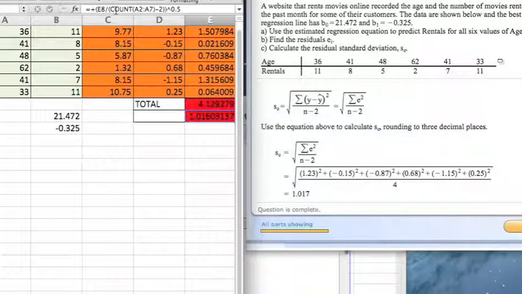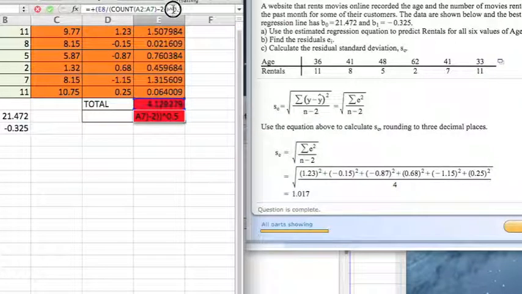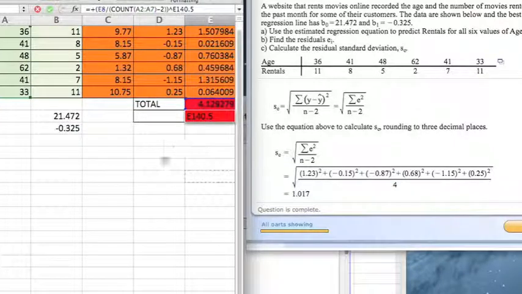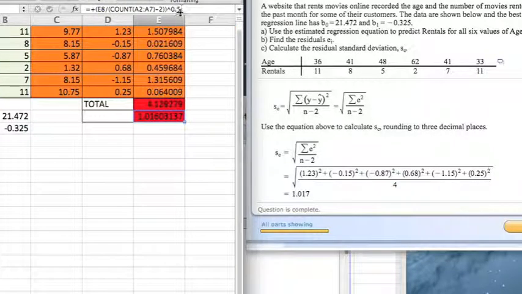So it's E8 divided by the count of A2 to A7 minus 2. All of that I'm finding the square root of, so I raise it to the power, and that's how you raise it to the power, with a little caret, which is above the number 6 key. And then you use 0.5 to get a square root. Alright? And you end up getting this.